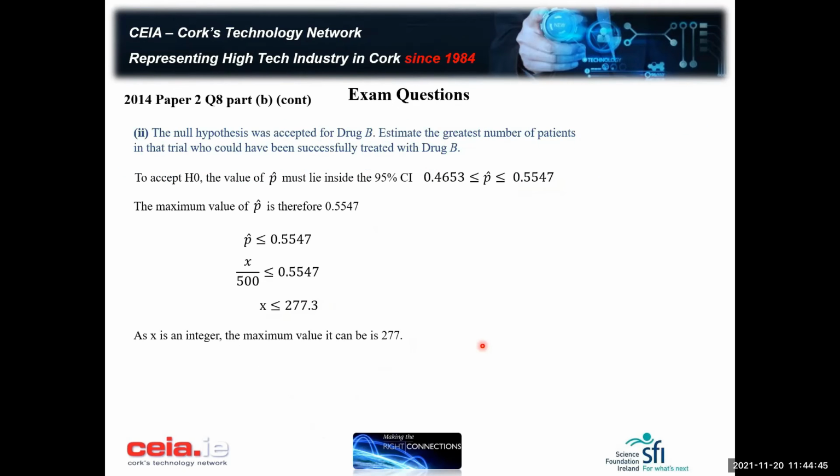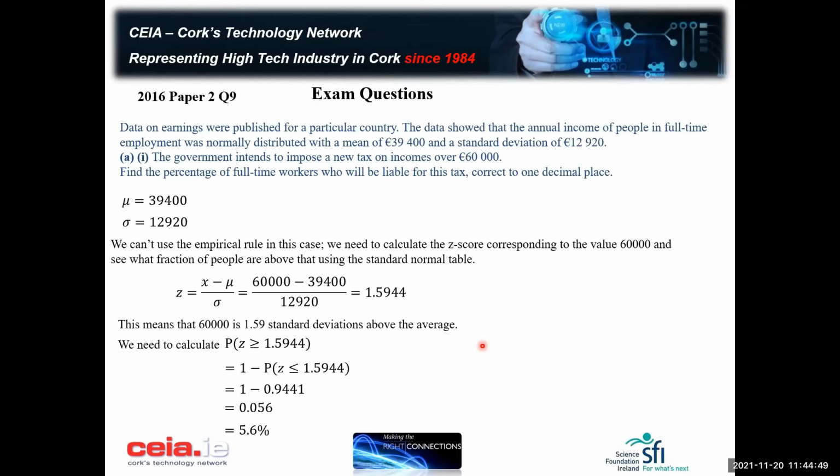Okay, so that was a question on sample proportions. Let's look at 2016 now. Again, we try to classify this problem. There's no mention, at least yet in this part of the question, of a 95% confidence interval or 5% significance or anything like that.